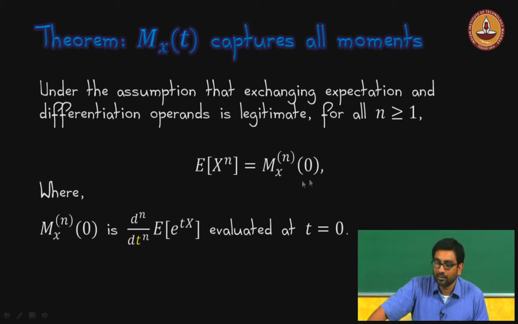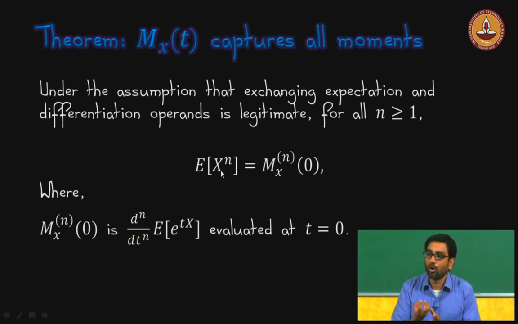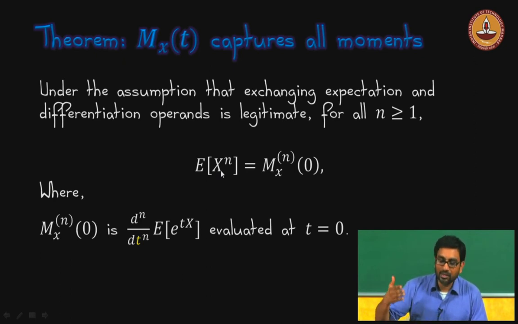By doing that, you get the nth moment of the random variable x. That is the nice thing. So, basically the moment generating function is somehow capturing all the moments. As you take the derivatives, each derivative evaluated at 0 gives you the appropriate nth moment.